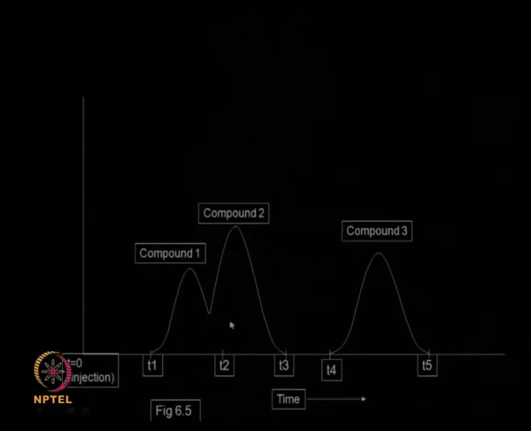So if I start collecting compound 1, I may be collecting compound 2 as an impurity. If I am collecting compound 2, I may be collecting compound 1 also as an impurity, whereas if I am collecting compound 3, it is going to be very pure, there is no other impurity. So ideally I would like to separate these two in a similar fashion as I had separated compound 3.